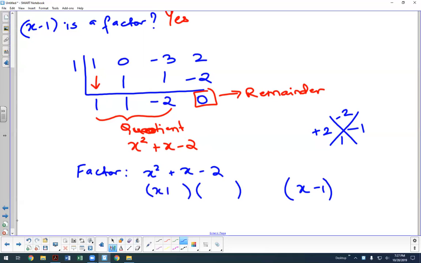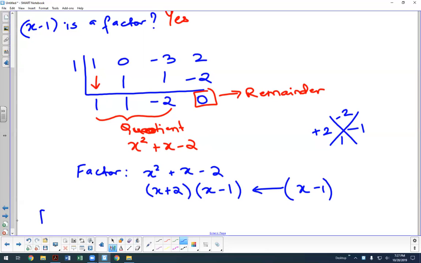So your factors will be x plus 2, x minus 1, and then this x minus 1 is actually coming from this first part. So it is independent of us trying to factor this x squared plus x minus 2. So this will actually break down into 3 total factors.